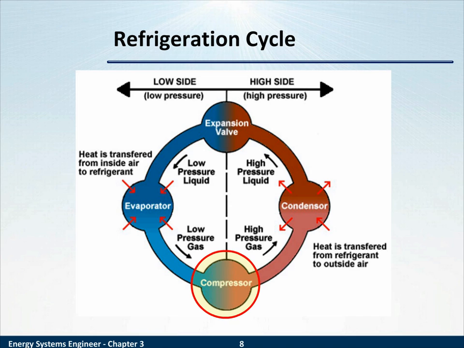One is the compressor, that which takes a low pressure gas and compresses it into a high pressure gas. The next component, the condenser, condenses high pressure gas into a high pressure liquid. In this, the heat is transferred from the refrigerant to something else. The heat leaves, condensing the gas.